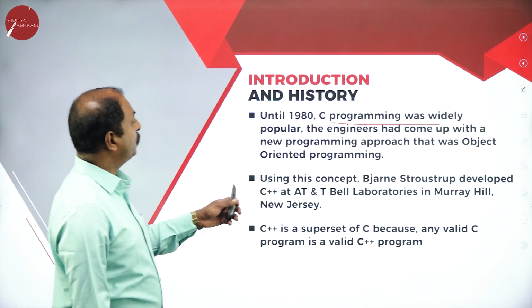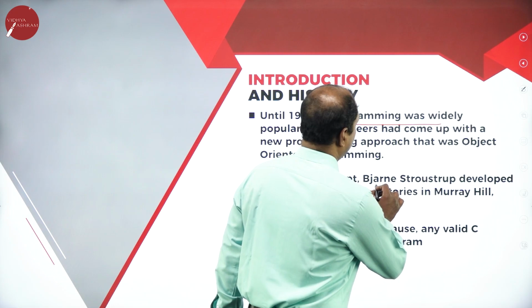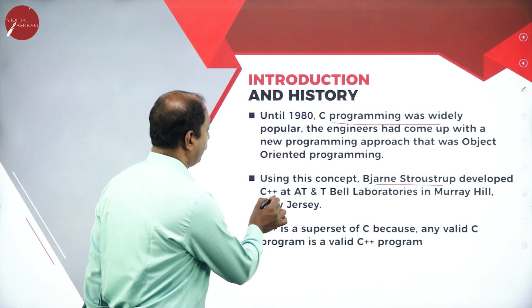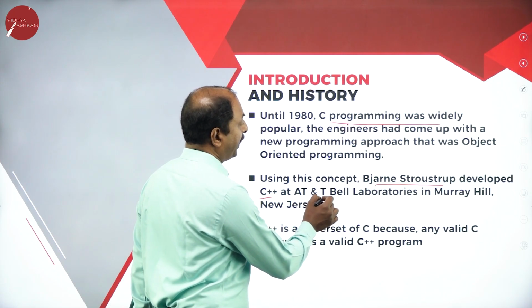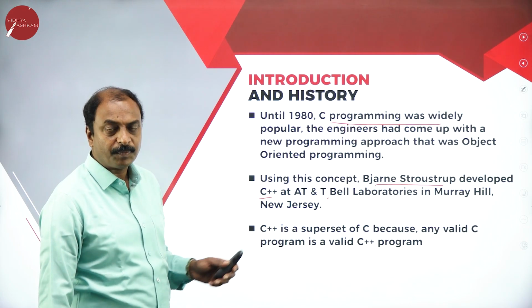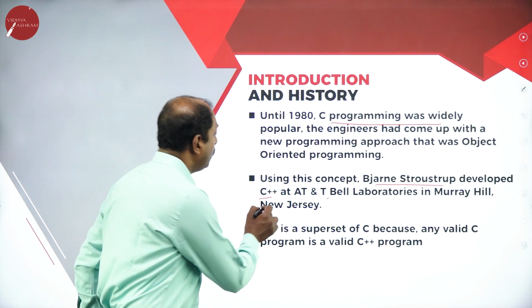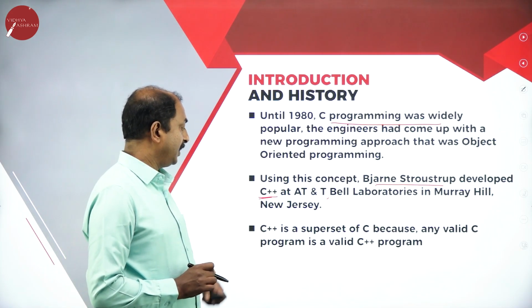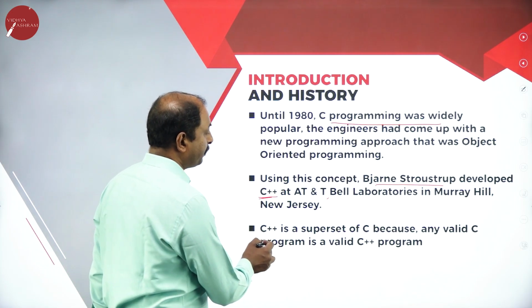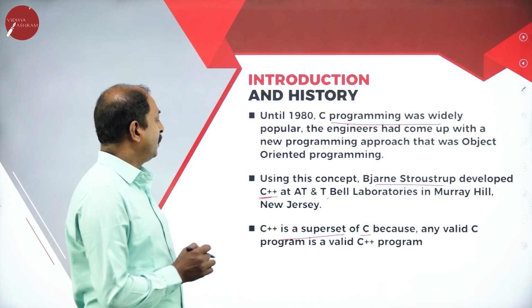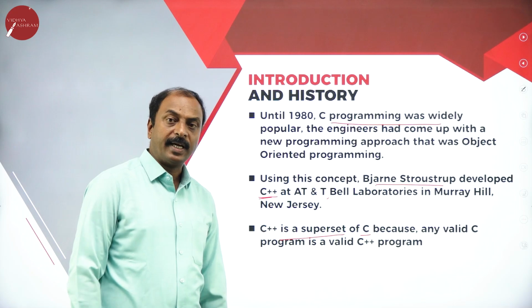Using this concept, Bjarne Stroustrup developed the C++ language at AT&T Bell Laboratory. He was working for a company, and under his company, he developed a language called C++ from C language. C++ is a superset of C language. What is the meaning of superset of C language?